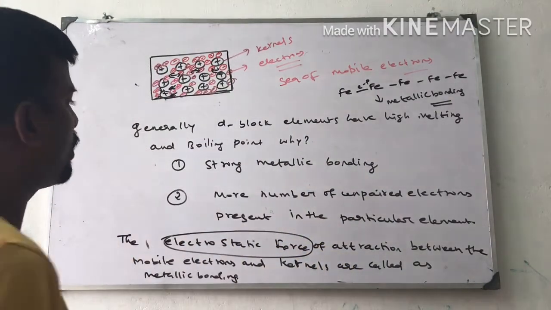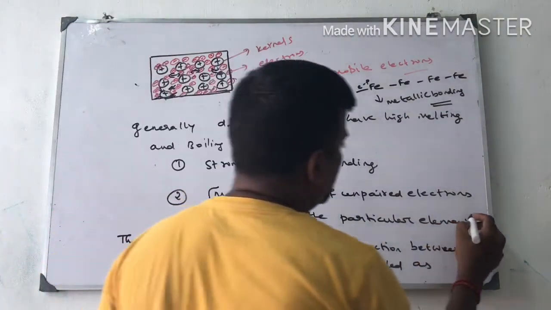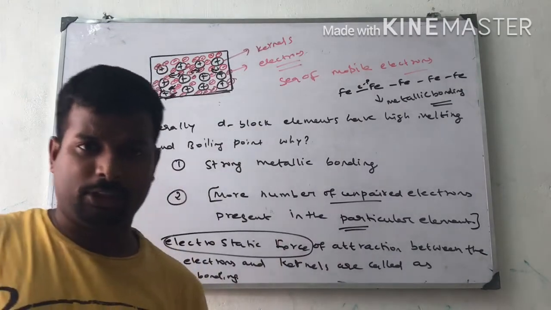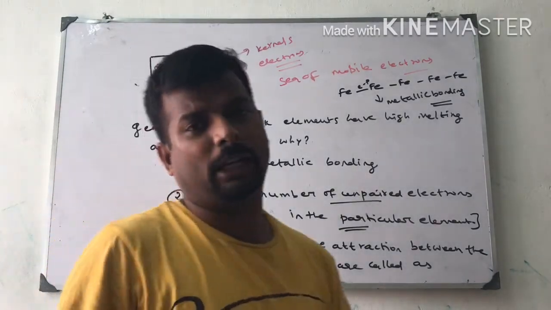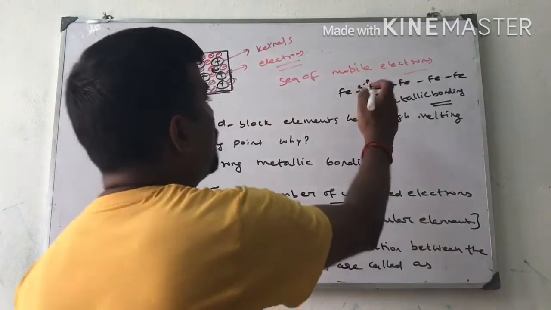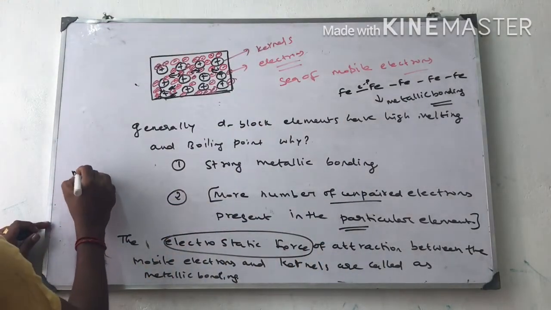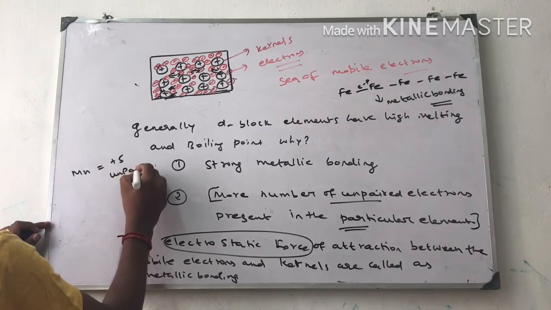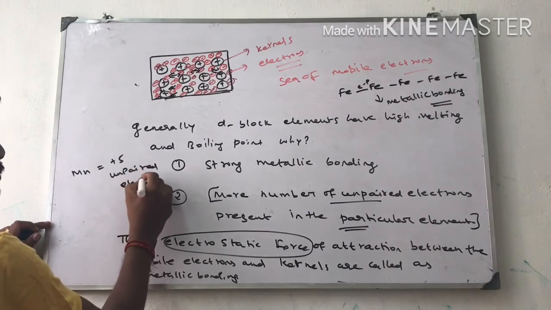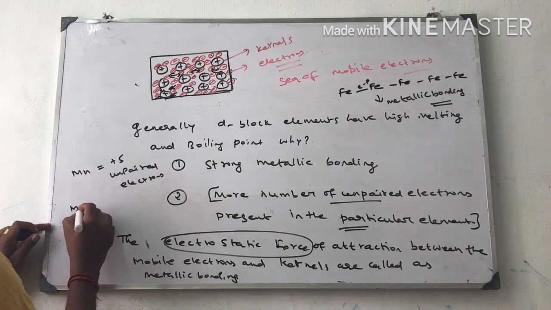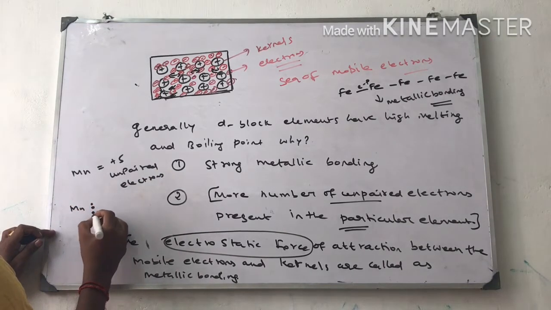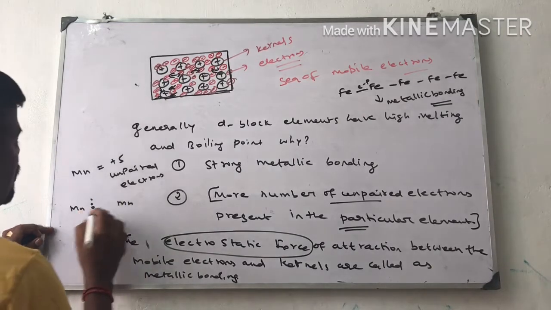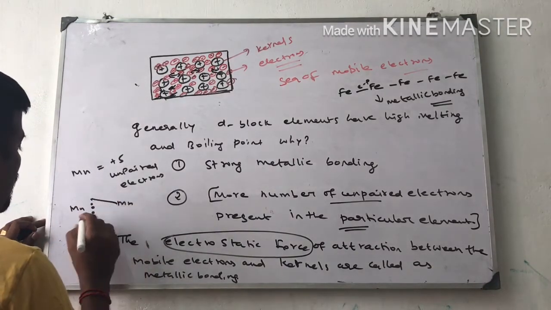What do you mean by more number of electrons being responsible for high melting and boiling points? If there are more unpaired electrons, more metallic bonding takes place. Suppose manganese has 5 unpaired electrons. One manganese will form 1, 2, 3, 4, 5 bonds with another manganese, with the proton of the other one.